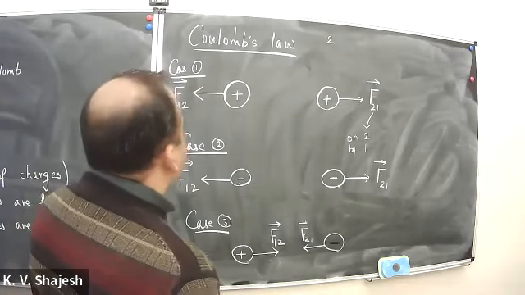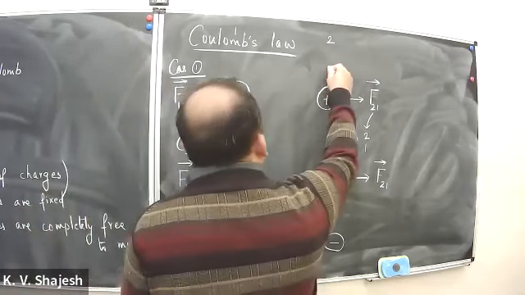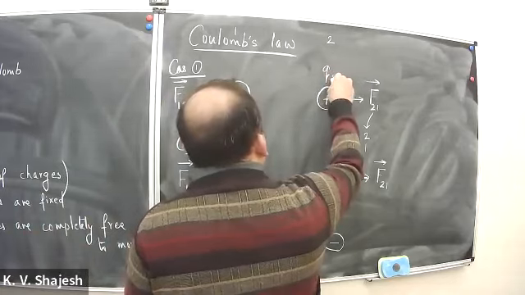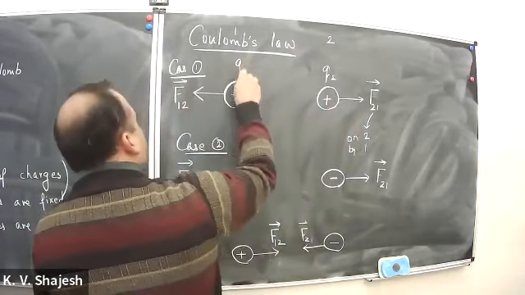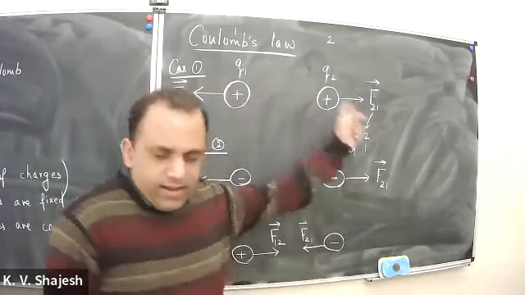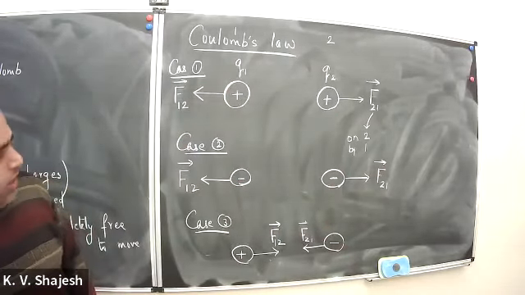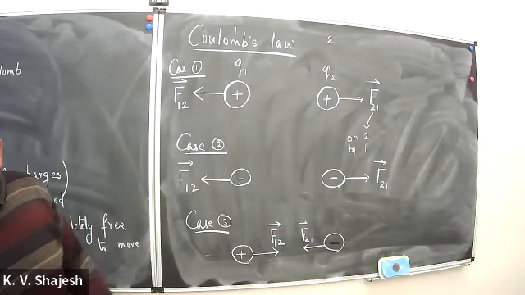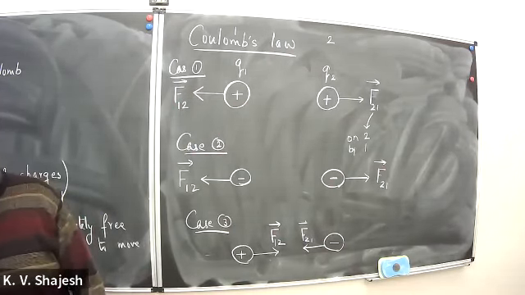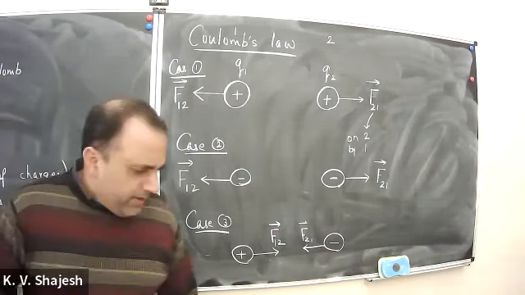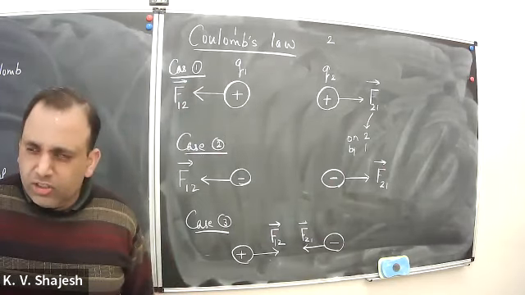It is determined in terms of the charges, how much charge is there on the first charge and the second. So let's call those Q1 and Q2. There is Q1 amount of charge on the first one. It could be 3 coulombs. Coulomb typically is a very large amount of charge.